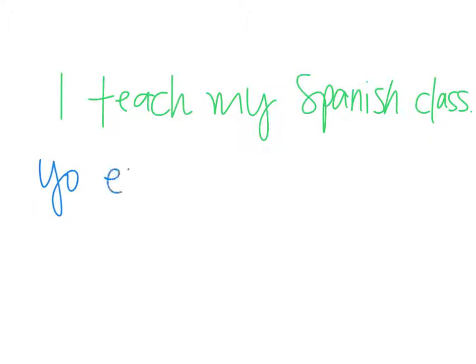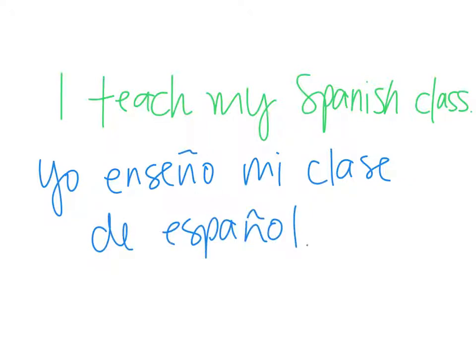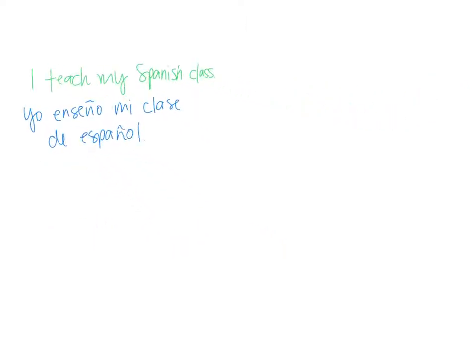Yo enseño, because O is the right ending. Enseño mi clase de español. Because remember, the way that the possession happens here, we wouldn't say español clase, we would say clase de español. Alright, so that's that one.